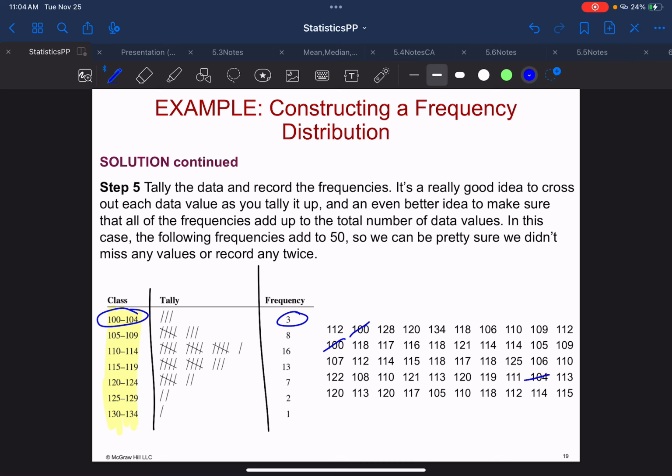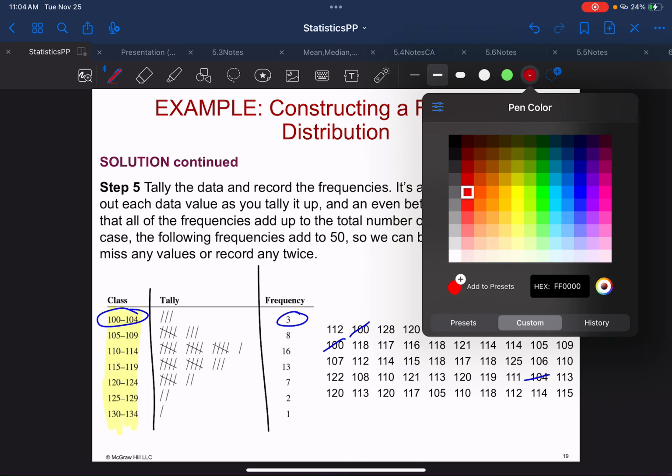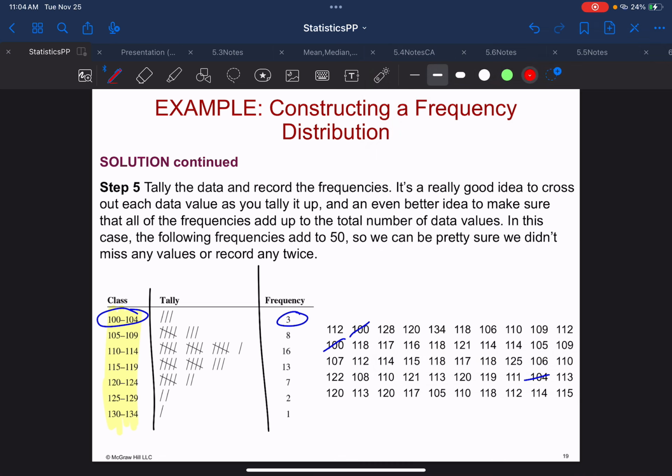And then the numbers 105 through 109. I have 106, 109, 105, 109, 106, 107, one more, 105.